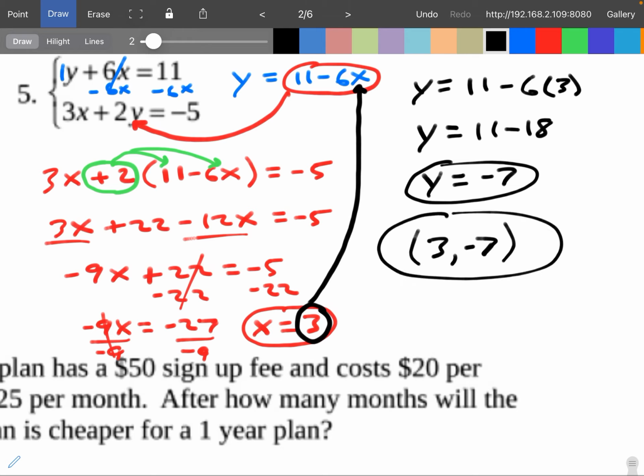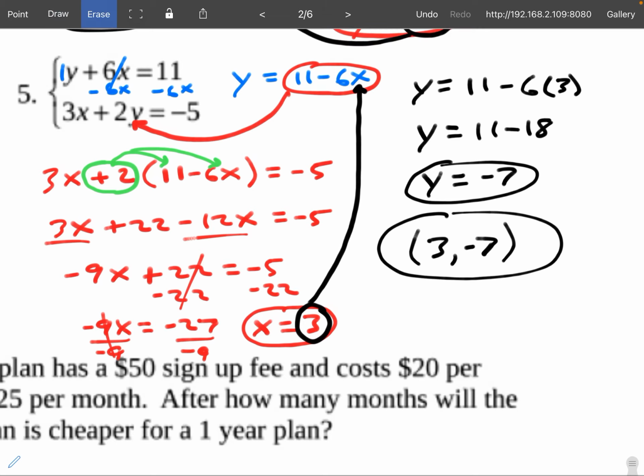All right, and so then that gives you y equals 11 minus 18, which gives you y equals negative 7. So then your solution would be the ordered pair x equals 3, comma, y equals negative 7.